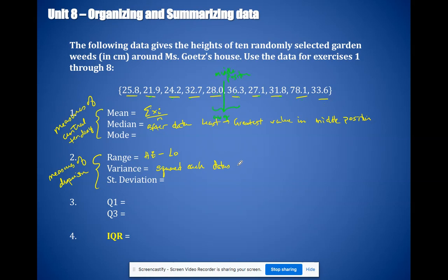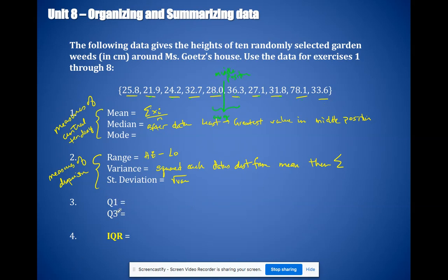That's your variance. Standard deviation is the square root of the variance. Okay.